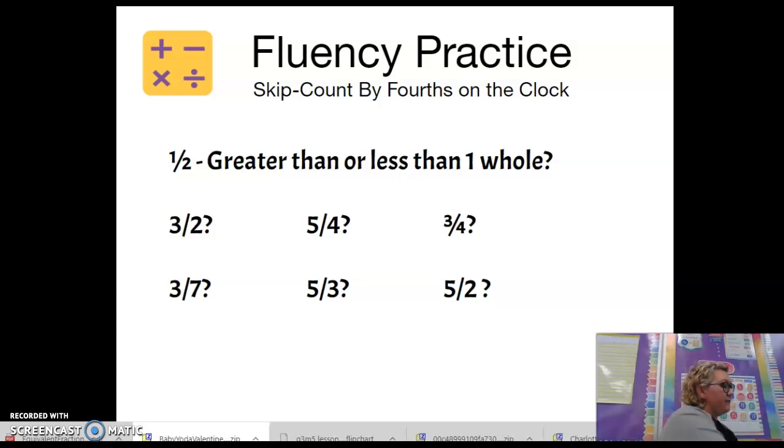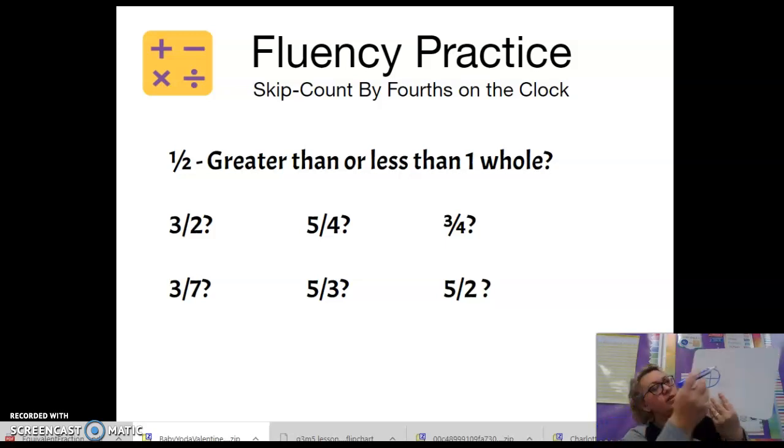Okay, now let's do 5/4. Let's do the same thing. So we have our clock divided into fourths. This is 1 whole. But then we have another fourth.